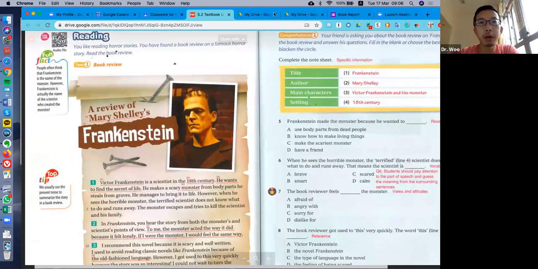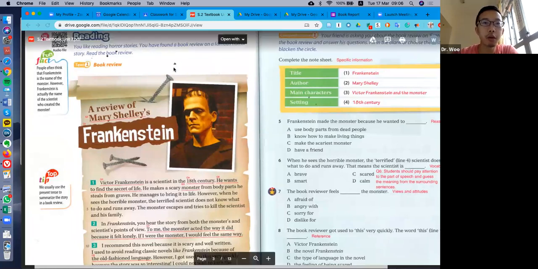Okay, so let's take a look at our first text. And we're looking at a book review. And the title of the book is Frankenstein. And Jermaine, who is the author of the book Frankenstein?